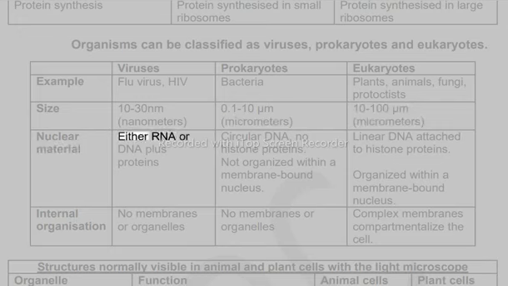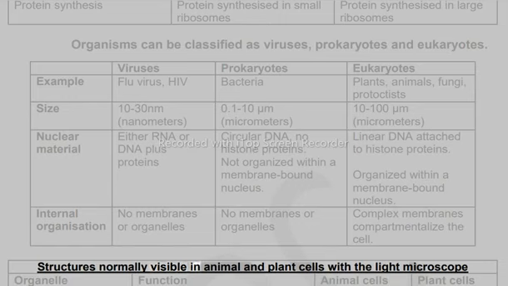Nuclear material: viruses have either RNA or DNA plus proteins; prokaryotes have circular DNA with no histone proteins, not organized within a membrane-bound nucleus; eukaryotes have linear DNA attached to histone proteins, organized within a membrane-bound nucleus. Internal organization: viruses and prokaryotes have no membranes or organelles; eukaryotes have complex membranes that compartmentalize the cell.